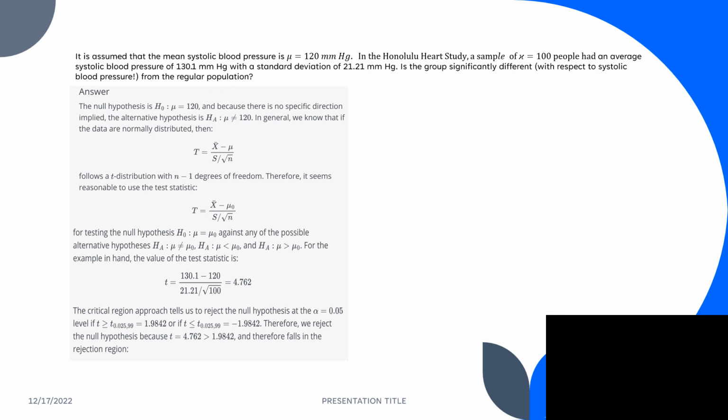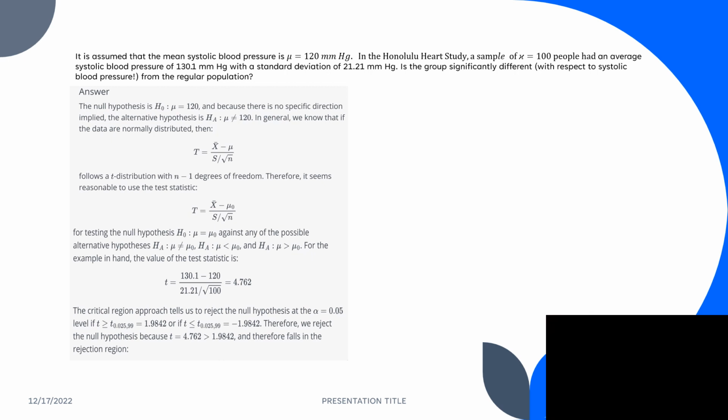So the critical region approach tells us to reject the null hypothesis at the alpha equals 0.05 level if t is greater than or equal to t 0.025, 99, which equals 1.9842, or if t is less than or equal to negative 1.9842.